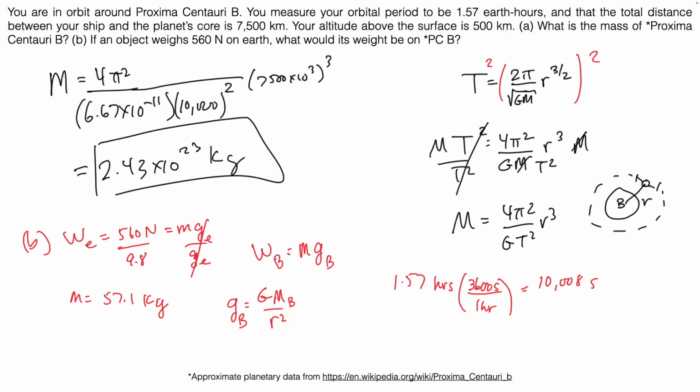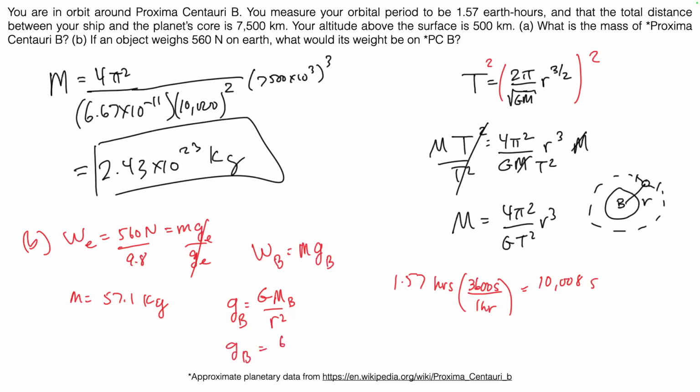That r value. Where are we trying to find the weight of this object? On the planet. We know the mass of the planet, and we know the distance from our spaceship to the center of the planet is 7,500, and we're 500 kilometers above the surface. So what's the radius of the planet? It's 7,000 kilometers, right?